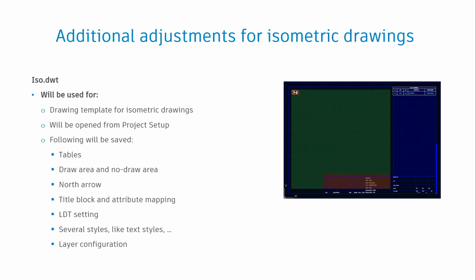The following will be saved here: tables like the bill of material or the word list, the draw area and the node draw area, the north arrow, title block and its attribute mapping, LDT setting, several styles like text styles, dimension styles, and so on, and the layer configuration.